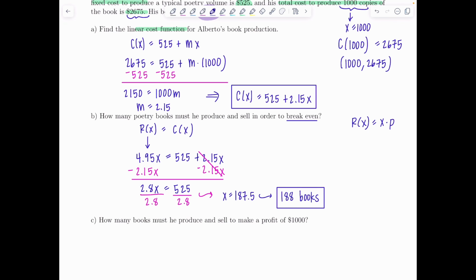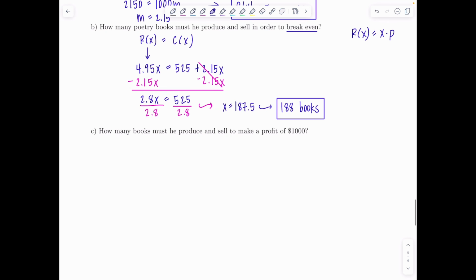All right. Last part of this problem. How many books must he produce and sell to make a profit of $1,000? So remember, profit is capital P of X. It's equal to revenue minus cost. And in this case, we want the profit to be $1,000. So we're going to take revenue, which was 4.95X, minus the cost function this time.